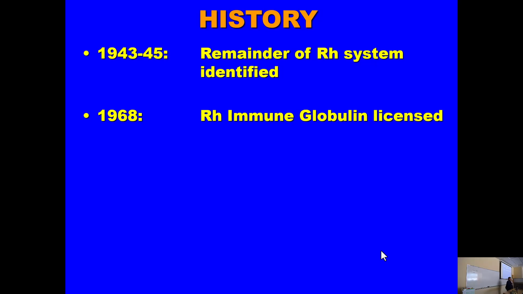Something that's really interesting, if you go back to probably your great-grandparents, or my grandparents' time, a lot of times they would have one child and then lose some or lose a lot. And if you go back and do some family genealogy, a lot of times it had to do with this. We actually know that this happened in my dad's family because of some of this. So it's kind of interesting.